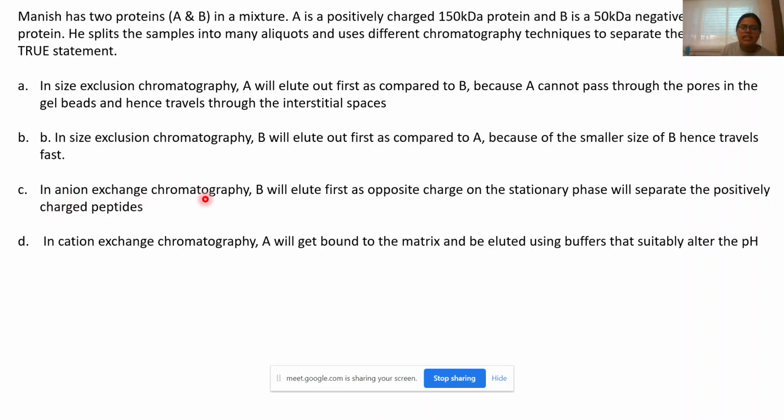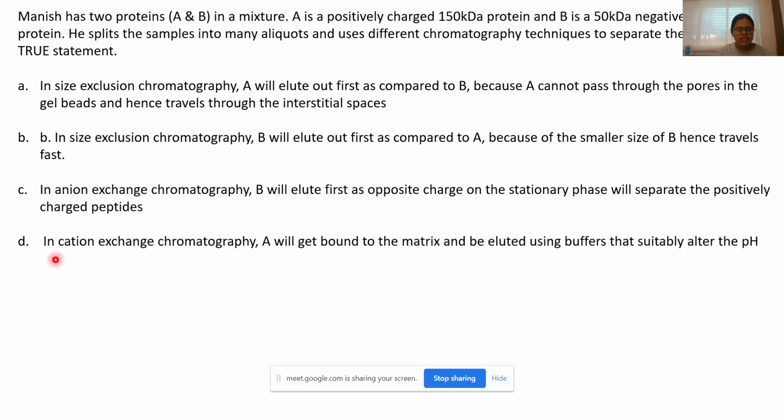Because this is anion exchange chromatography, your chromatographic matrix will have positively charged beads, and that will interact with your negatively charged protein B, and that is why it will be retained, so it won't elute first. So this option is incorrect.